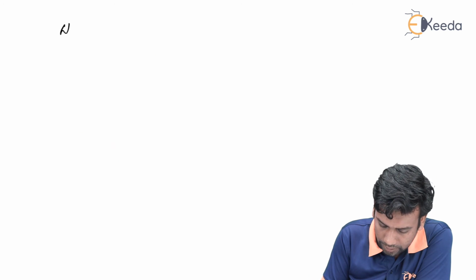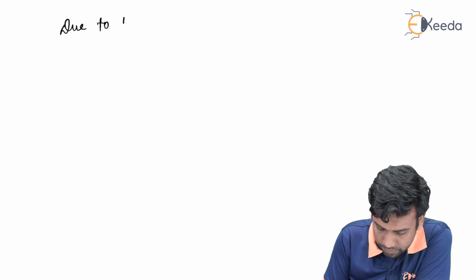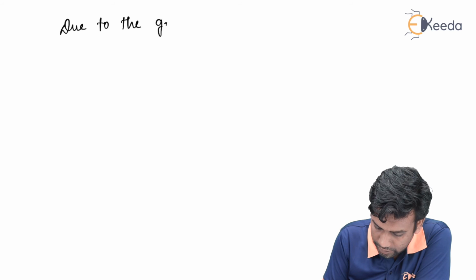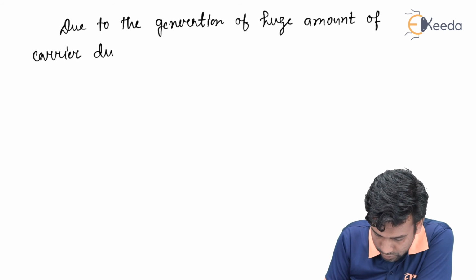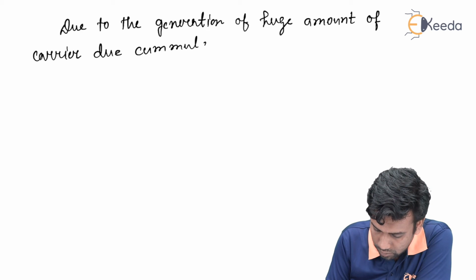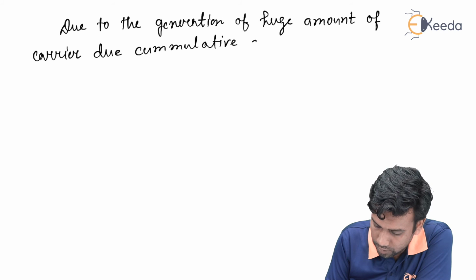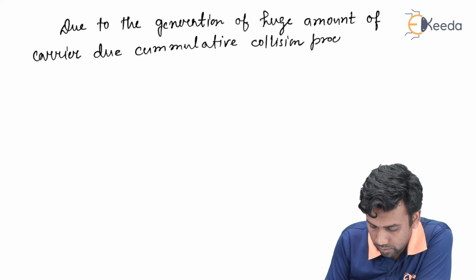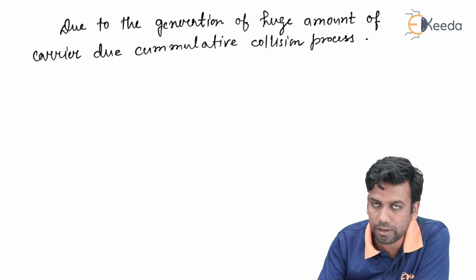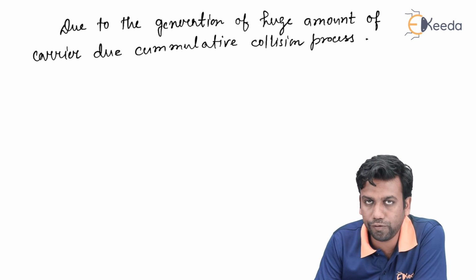So, we can say that due to the generation of a huge amount of carriers due to the cumulative collision process, the current in the avalanche breakdown will be very high.